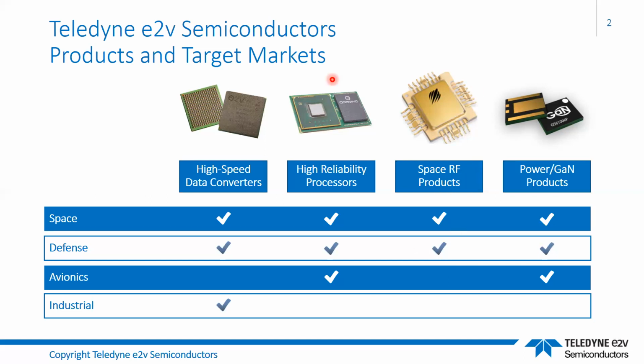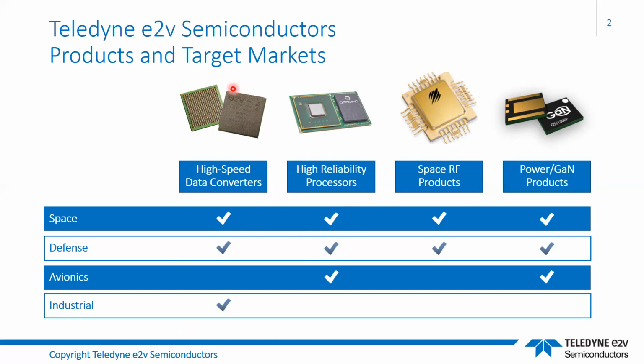We also have a range of processor products based on a long-term partnership with NXP. And we provide these very powerful processors for applications in the space market, in the defense market, and also in the avionics market. And then the main subject of this presentation is our data converters.